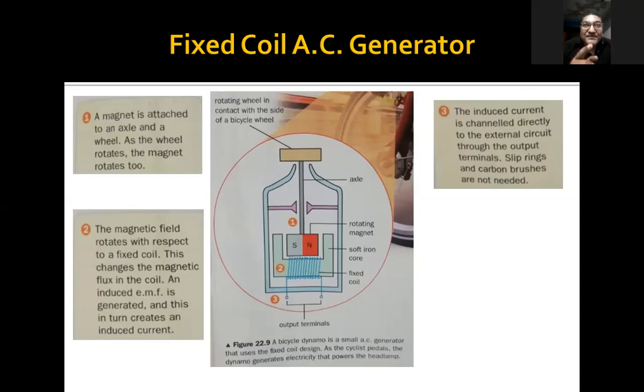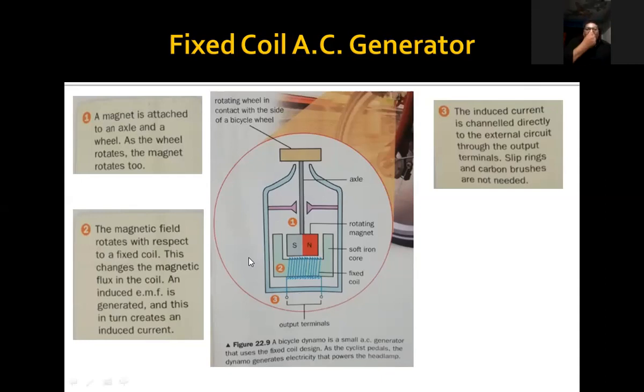But in the design which we will study now, the coil is stationary, but the magnets are moving. So the current will be induced in this coil, and we take that current out. It has fewer problems, because the coil is stationary and it's very easy to take the connection out from it.